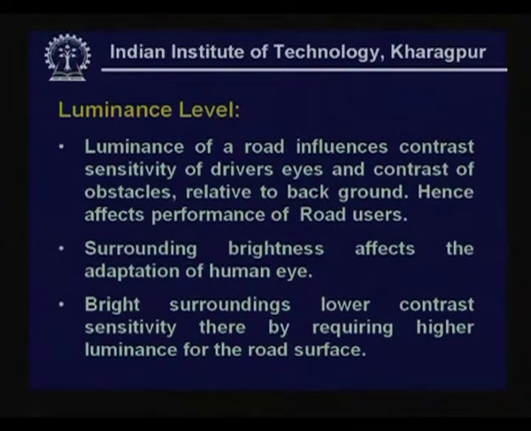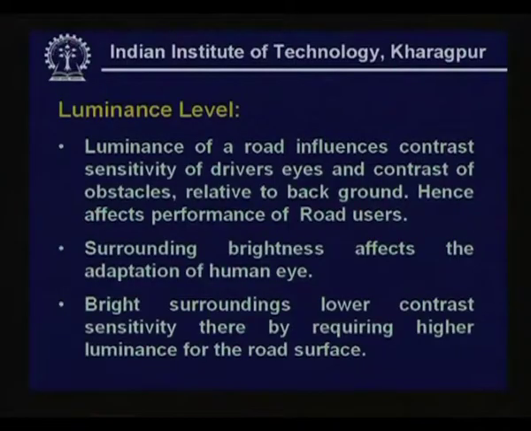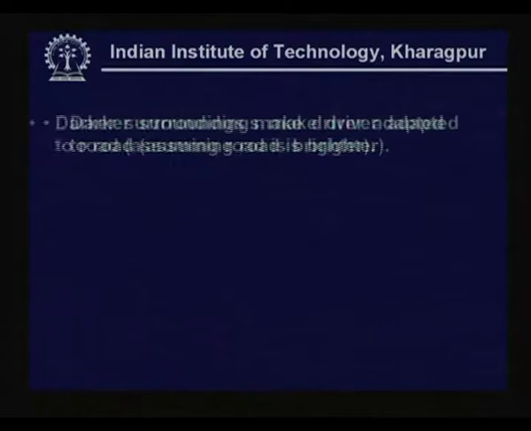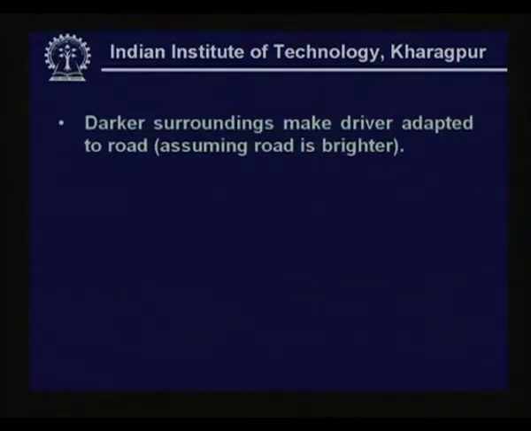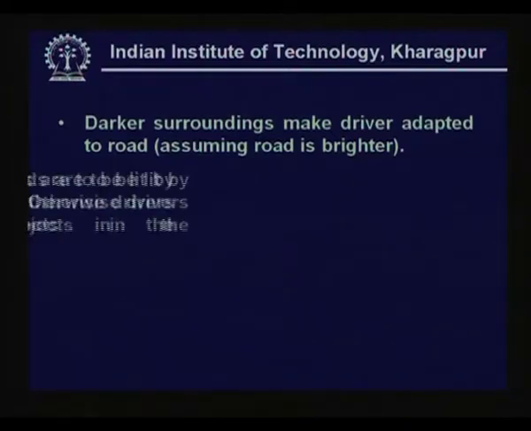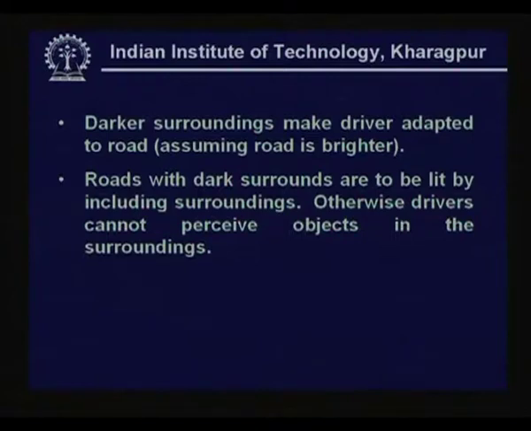Bright surroundings with lower contrast sensitivity therefore require higher luminance for the road surface. So, if you have bright surroundings, you need higher luminance for the road surface. Whereas, with darker surroundings, it is possible with lesser luminance for the road, the driver is able to adapt to the road.